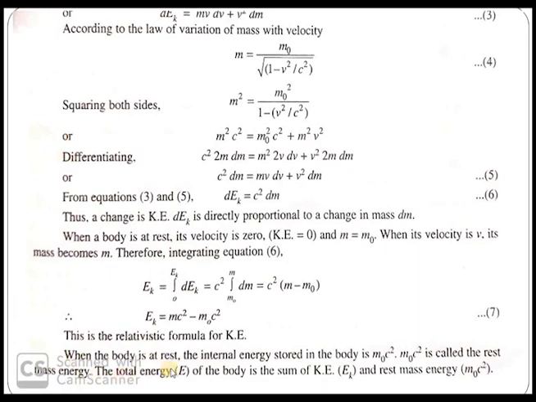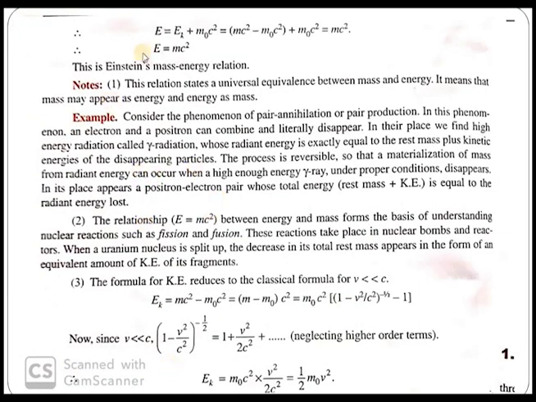The total energy is the sum of kinetic energy plus rest mass energy. So total energy will be Ek plus rest mass energy. Kinetic energy is mc square minus m0 c square, plus m0 c square, which is the rest mass energy. So what is left out will be mc square. This is called Einstein's important mass energy relationship, that is E is equal to mc square.